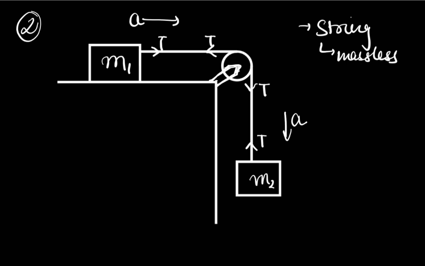Okay, so let's say this is T. We know gravitational force m2g is acting on this block, right? And similarly in m1, m1g will be acting as well. But we can see that m1g is acting in the downward direction and acceleration is in the right side.